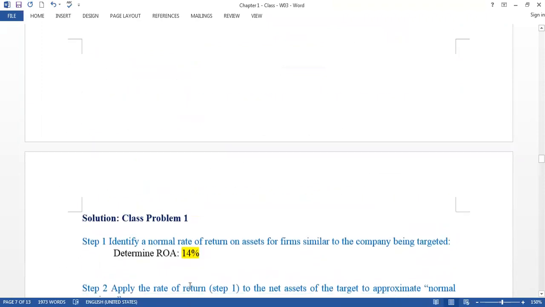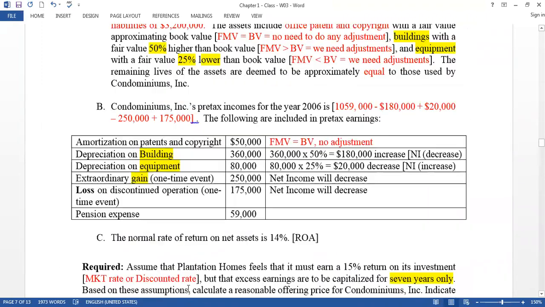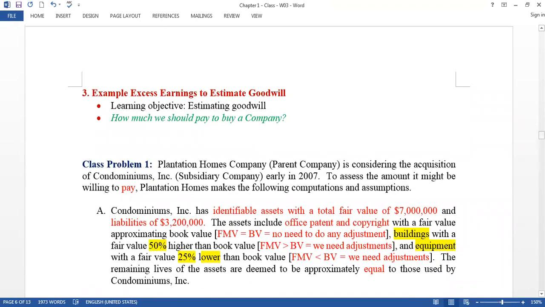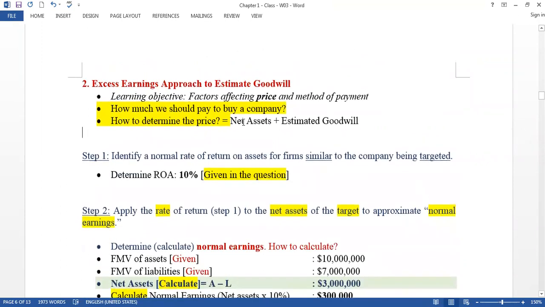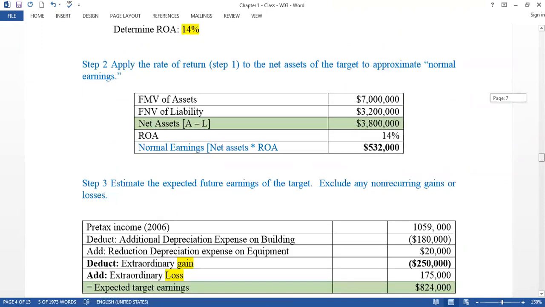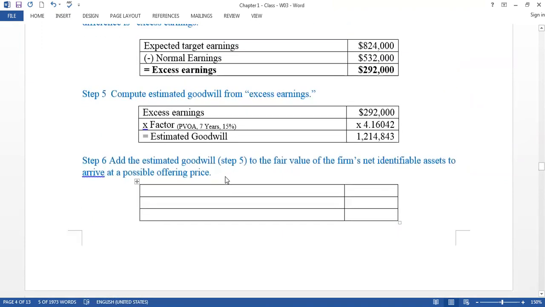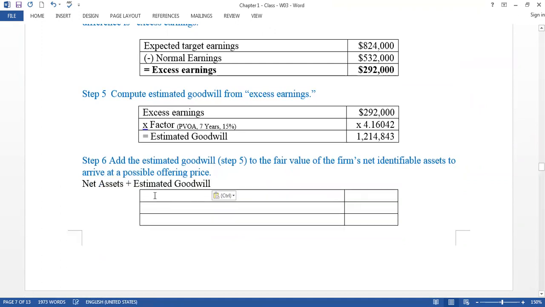And you know that from the very beginning, I told you how to determine the price. This is the formula. We need net asset and we need estimated goodwill, right? Now we have all the information. We have net asset.